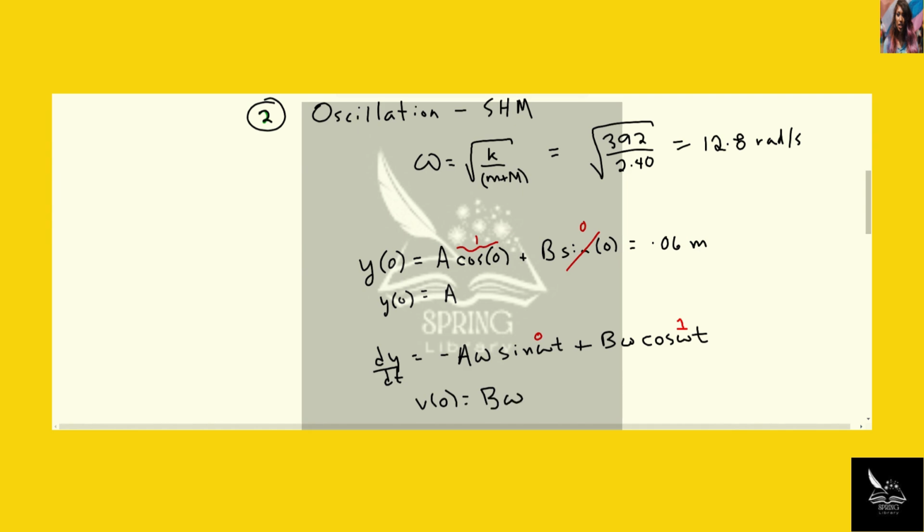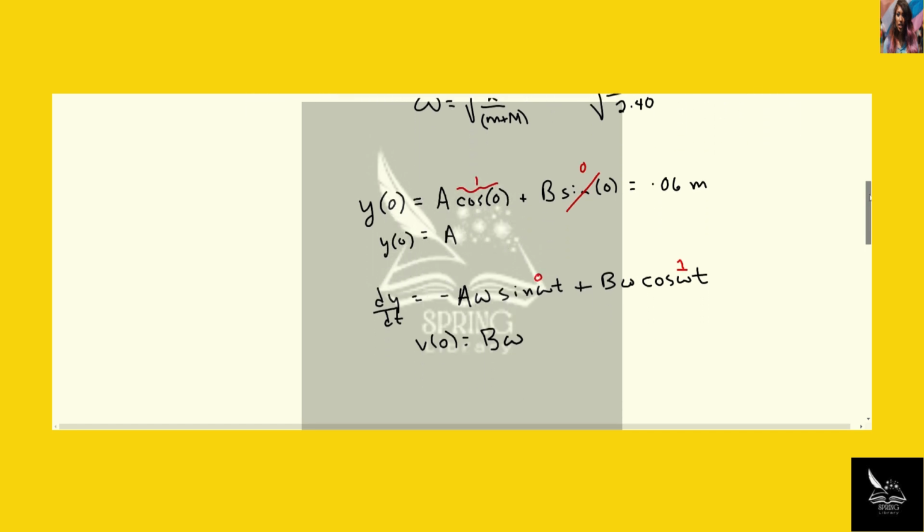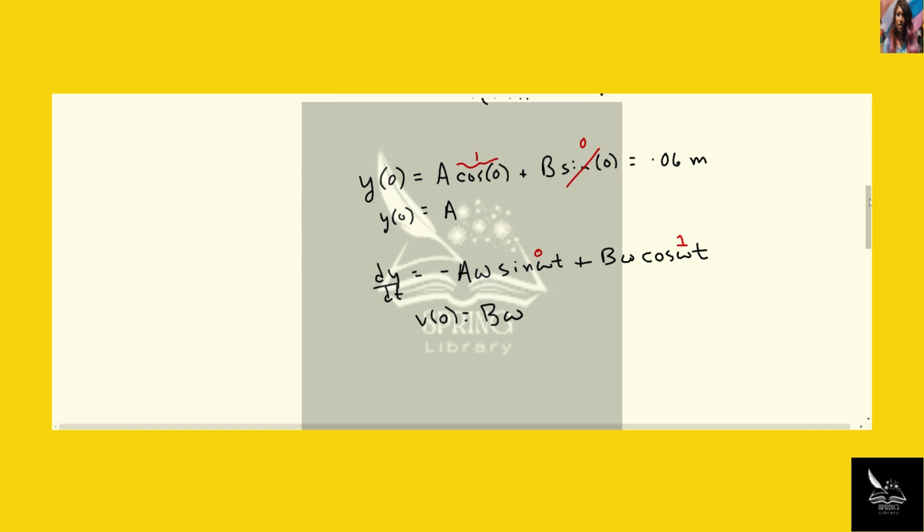It's the initial velocity is b times omega. So we now know the initial velocity is 0.55 meters per second. And the omega is 12.8 rads per second. So lo and behold, we find that b is another 0.043 meters.